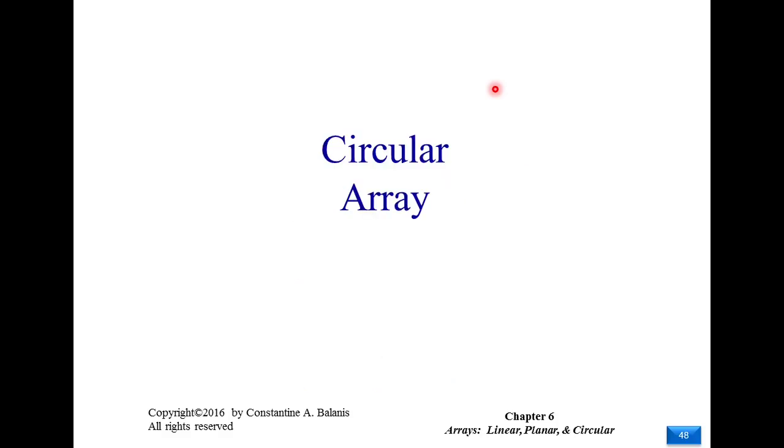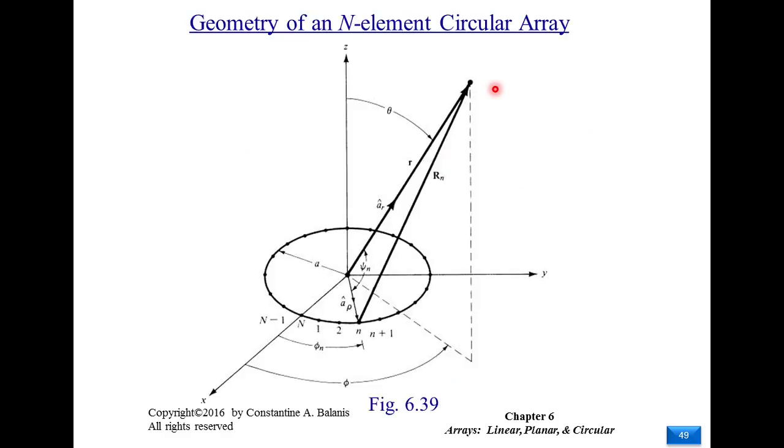Another type of 2D array is a circular array. The circular array, as its name suggests, is arranged in this shape.